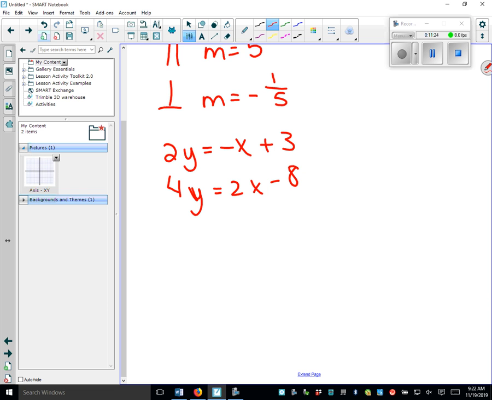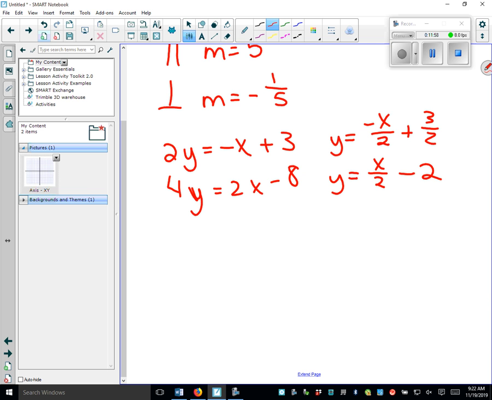What do I have to do before I determine what they are? I need to get slope-intercept form. I'm dividing by what's in front of y, right? So the first one, y equals negative x over 2 plus 3/2. You agree? The second one, y equals x over 2 minus 2.